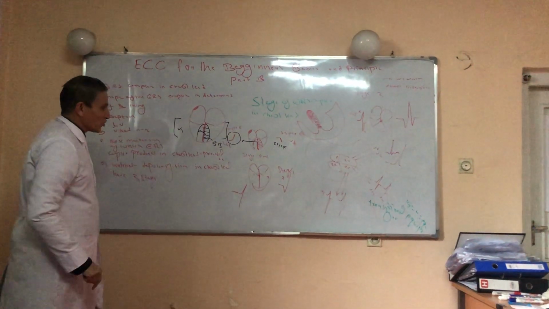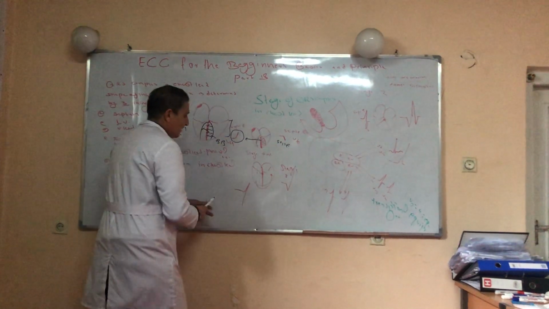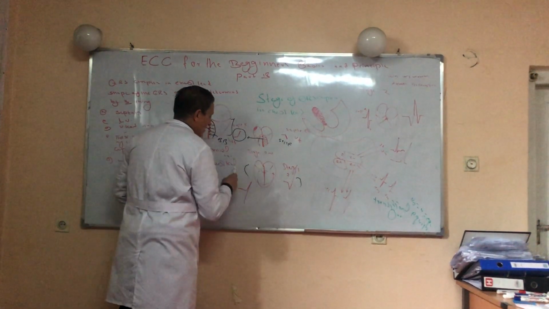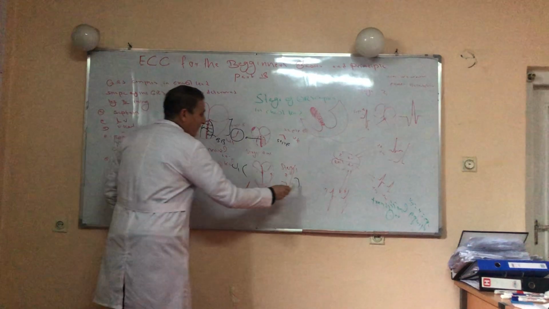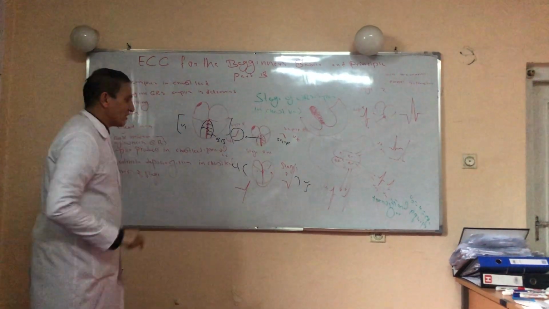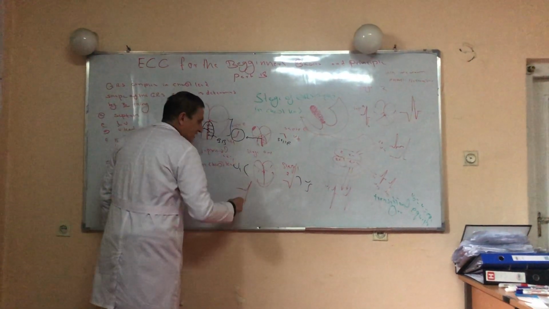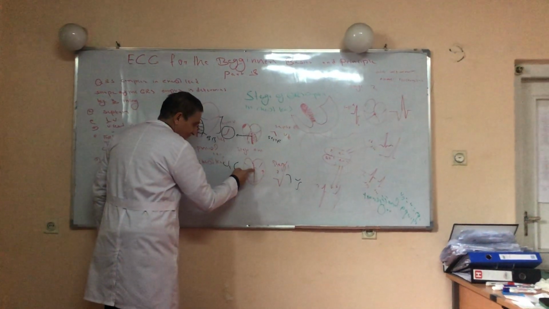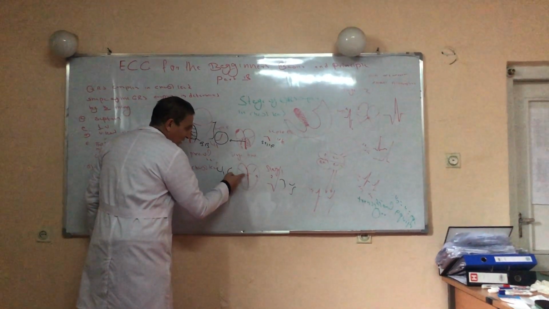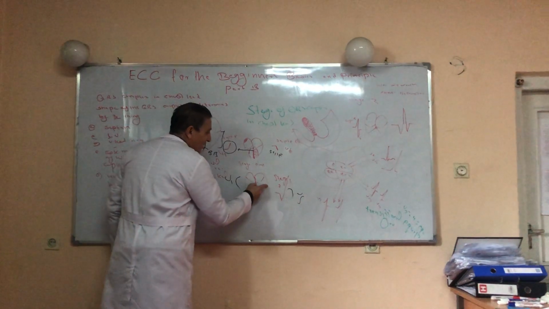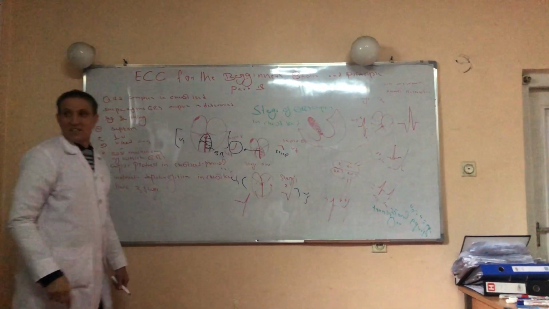Right now we come to stage 2. After the septal ventricular depolarization, the electrical impulse moves from V1, or from the right ventricle, toward V6.